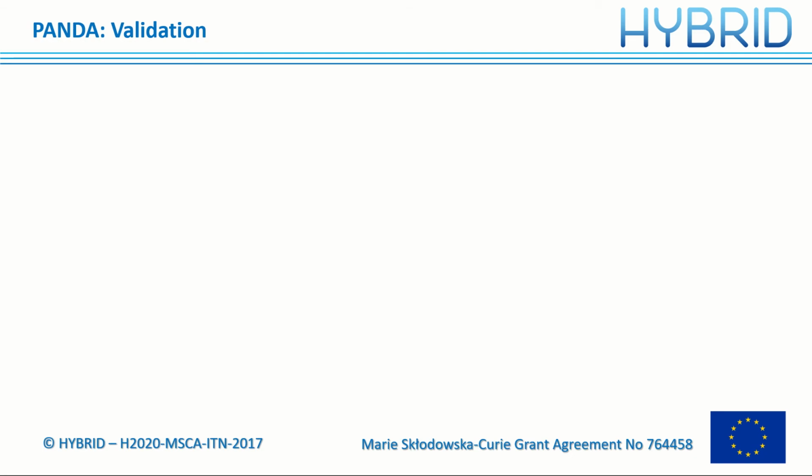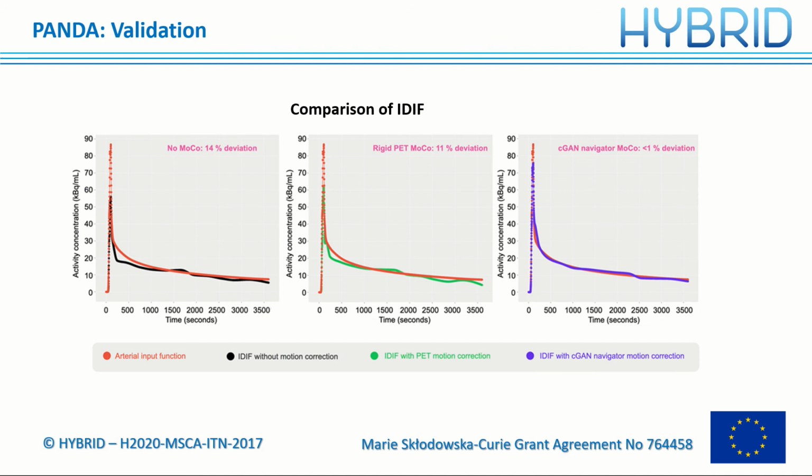We validated PANDA by deriving first the image derived input function and comparing results without motion correction and with motion correction based on not pre-processed PET frames and PANDA PET frames.